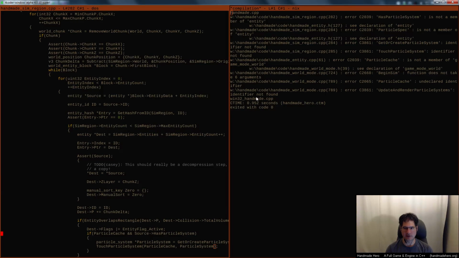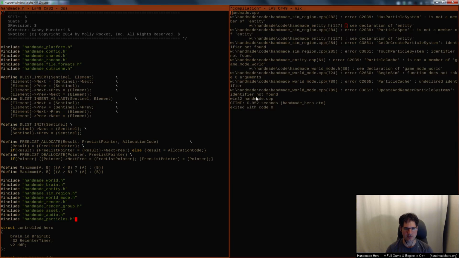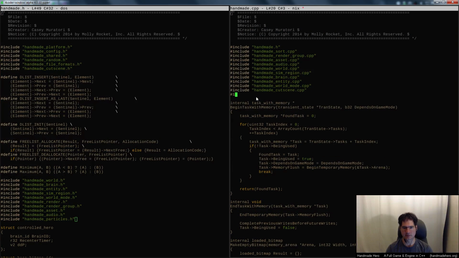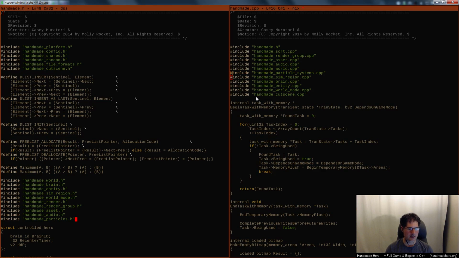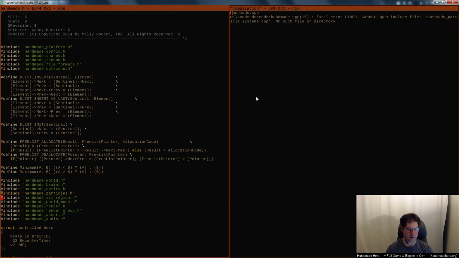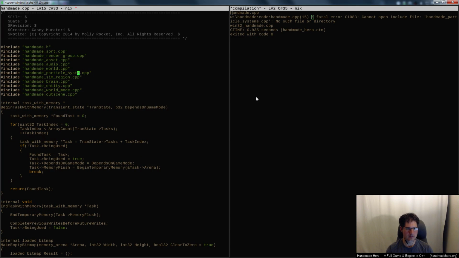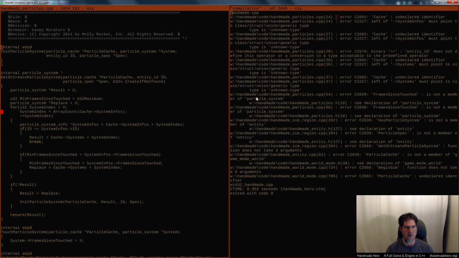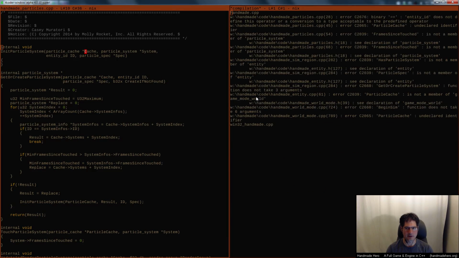And now we just need to flesh out, and I should probably also, before I forget, include them here. I'm putting them above the sim region. So there, I think we're pretty good to go. I don't know why I called it particle cache spelled all the way out when that's kind of a waste of time. There we go.